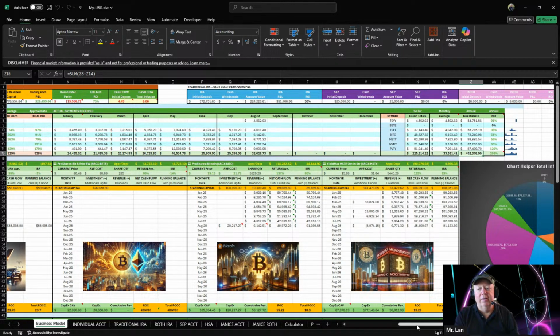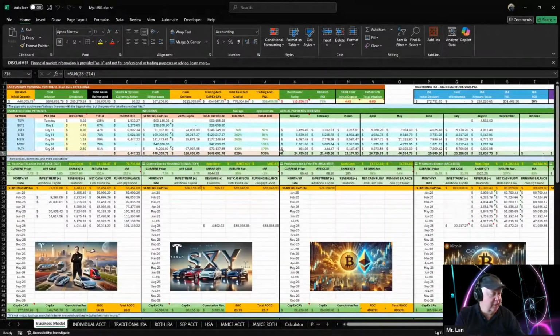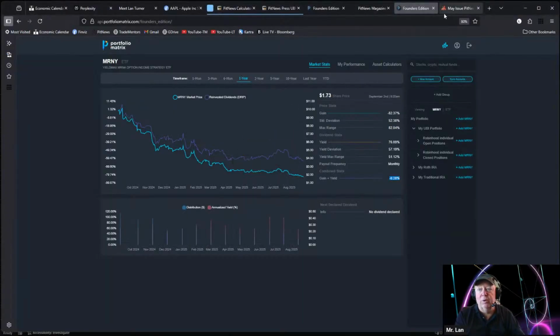That's pretty good money. And that's reaffirmed over here in this portfolio right here, right? This little portfolio, which is connected directly to my account. When you sign up for Pit News or for Portfolio Matrix, the very first thing you do is say new account and sync your accounts with your active accounts.